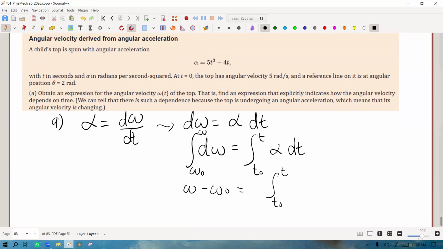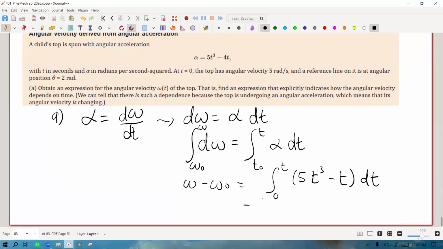We know that time starts from 0, and alpha is 5t cubed minus 4t, dt. So we need to take the integral of this form. Here it is 5 over 4 t to the power 4 minus half t squared, right? The boundaries of the integral are from 0 to t.